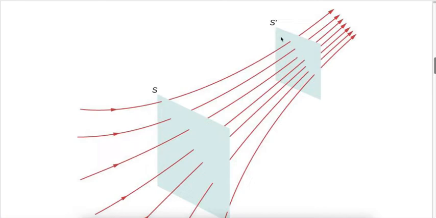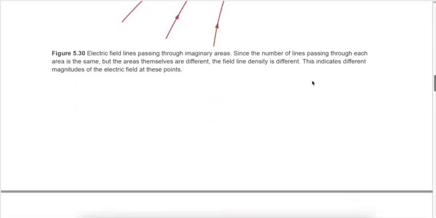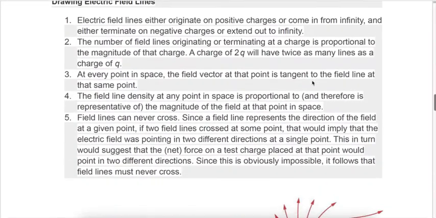The denser the electric field lines are through some cross-sectional surface, the stronger the electric field is. So this has a stronger electric field, S prime does, than S does, because the lines are closer together. Closer together means stronger, further apart means weaker. And we'll use that in a couple of pictures.